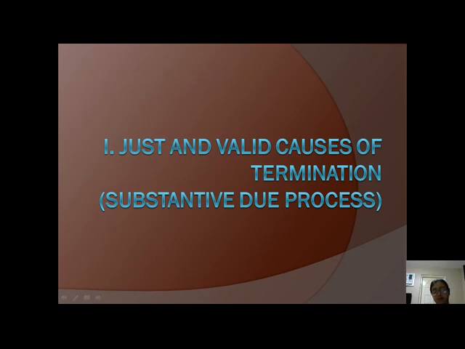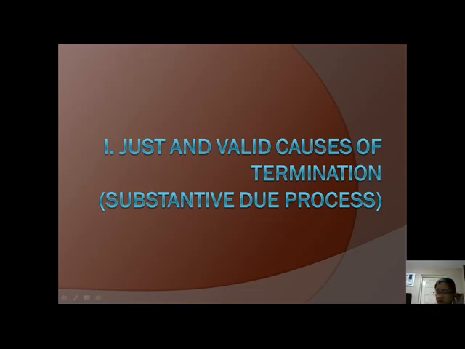Now let's discuss just and valid causes of termination. Again, there are only two causes for the employee to be terminated legally: one is due to just causes and of course, authorized causes. Those are substantive due process.